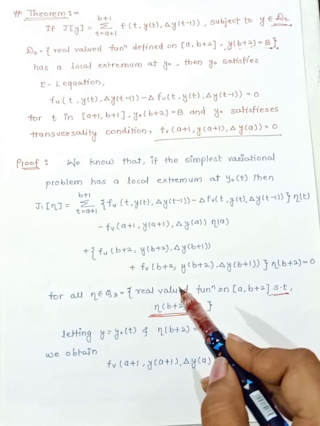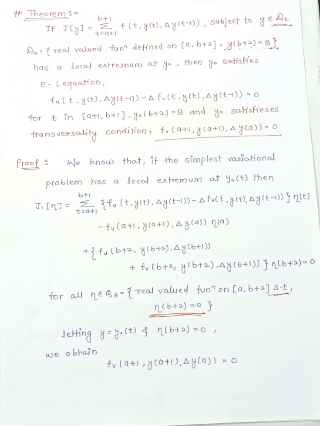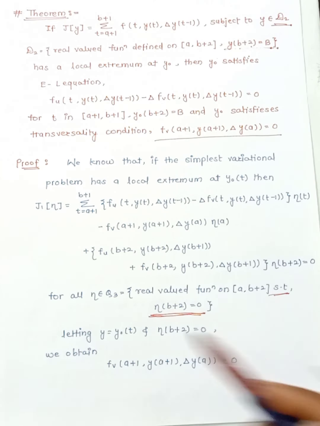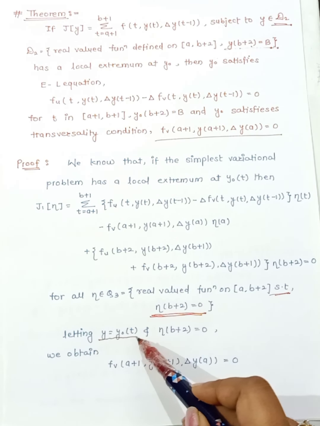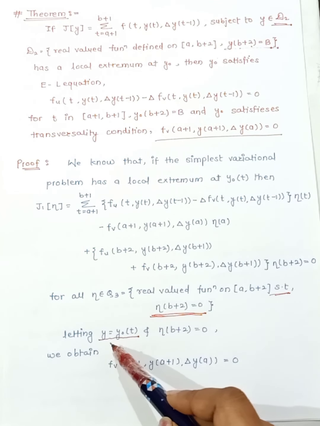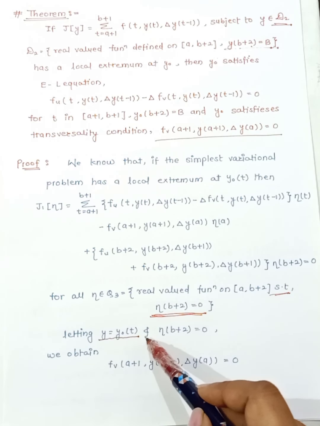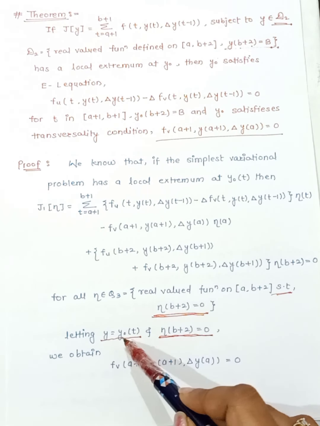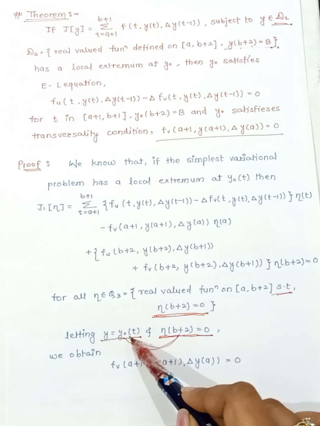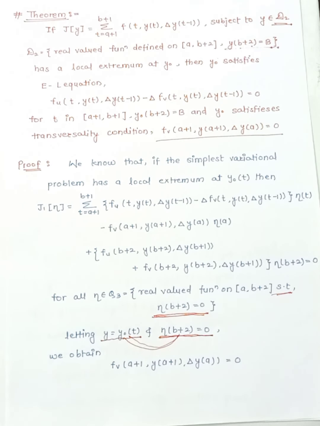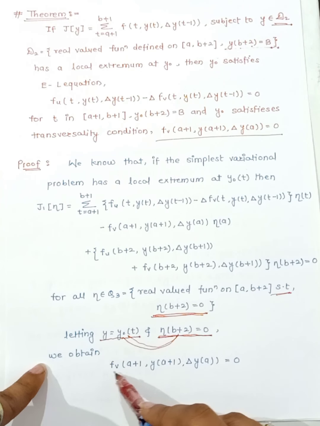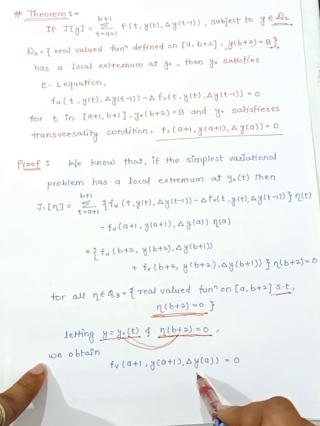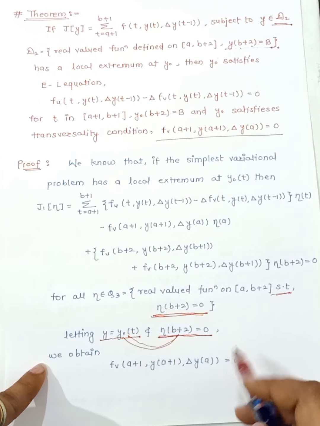In the last theorem we had η(a) = 0. Now letting y = y0(t), what will we suppose? y = y0(t) and η(b+2) = 0. So by using both these conditions, we will solve the next part. So we obtain f_v(a+1, y(a+1), Δy(a)) = 0.